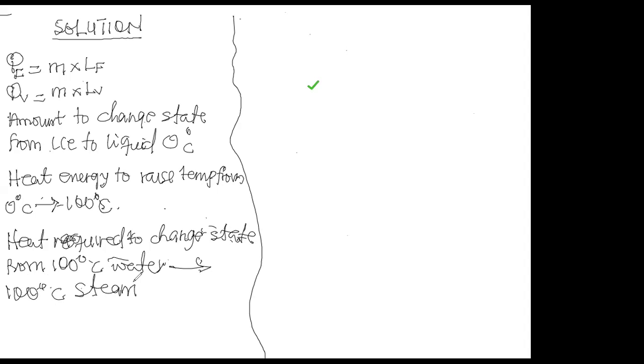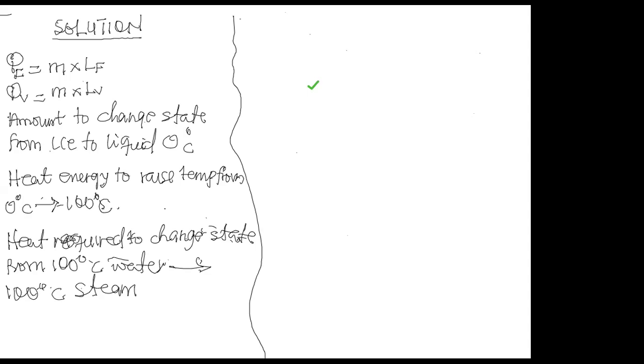So when you look at the whole question, it involves 3 different stages. Class, are you with me? Yes. Good. So you go through one stage at a time.